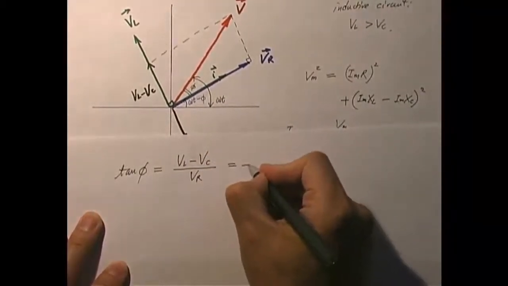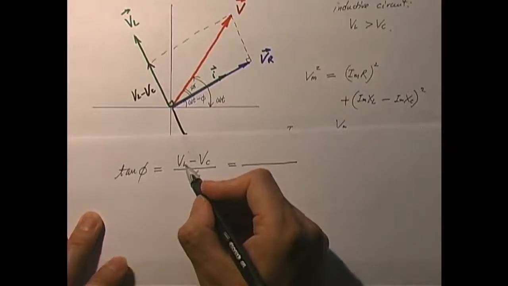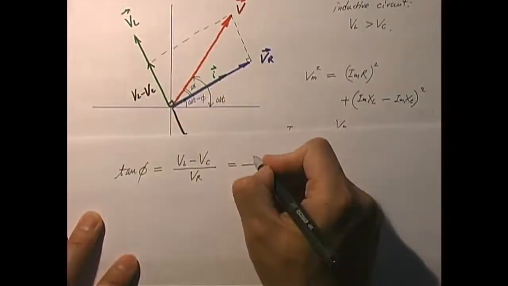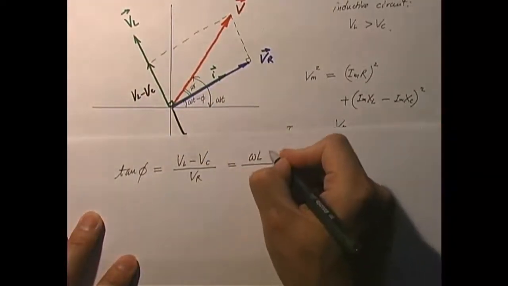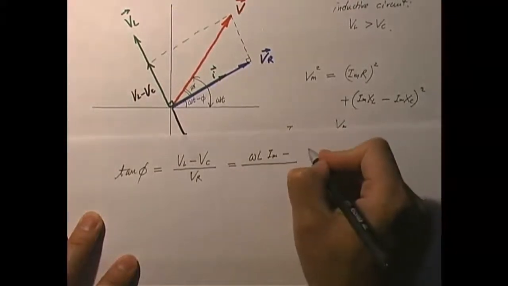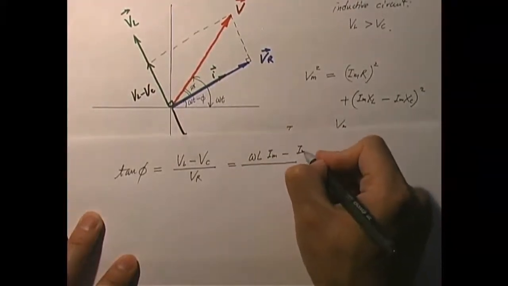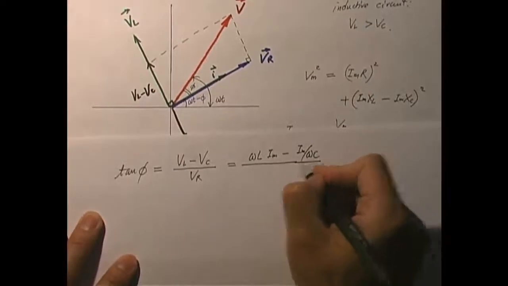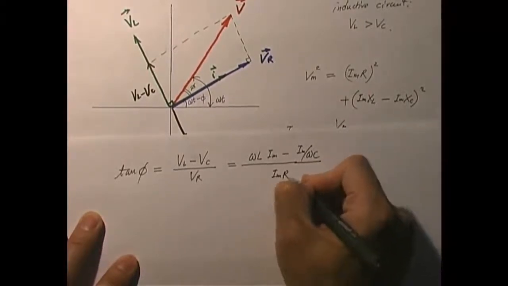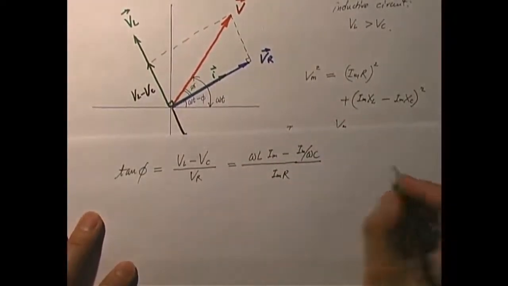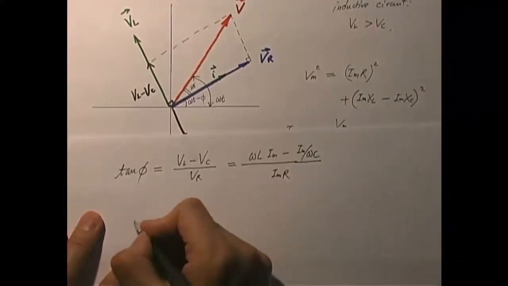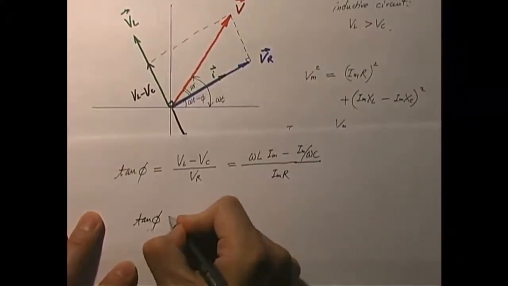VL is the amplitude of the VL phasor, which is omega L times I maximum. Then minus VC, that is I maximum over omega C. And then I divide by VR, which is I maximum times R. You can cross out all the I maximum.